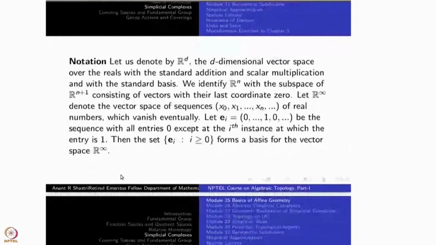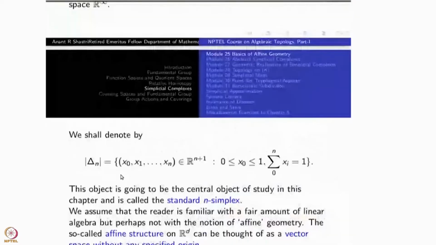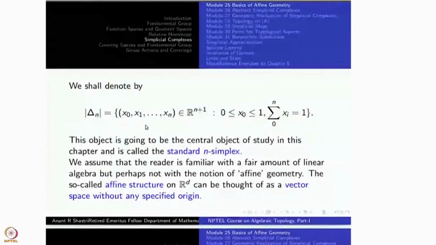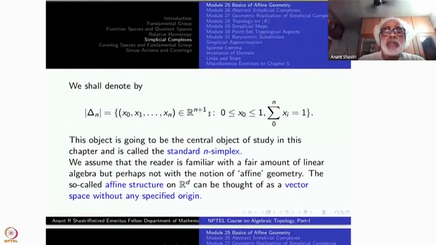We shall denote by the set of all points (x_0, x_1, x_2, ..., x_n) belonging to R^{n+1} which satisfy the following property. Namely, they are all non-negative, lying between 0 and 1, and the sum total is equal to 1. The sum total equal to 1 defines an n-dimensional subspace inside R^{n+1}.